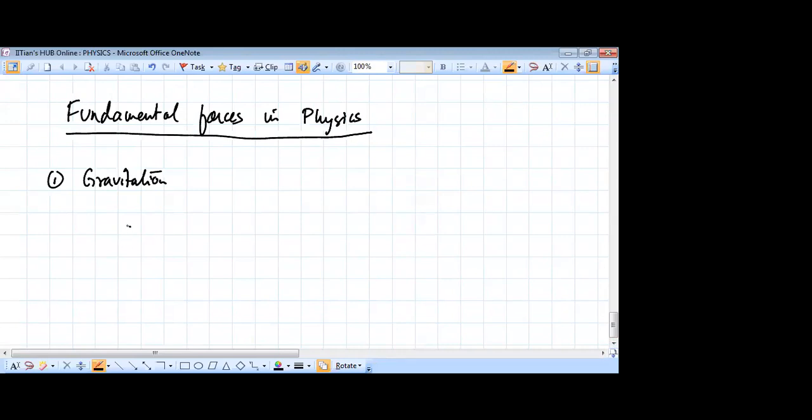So if you have two particles of mass m1 and m2, which are placed at a distance r, then according to the principle which is called universal law of gravitation, they both attract each other with equal and opposite amount of force. And that force is such that it is proportional to the product of masses and inversely proportional to the square of distance.